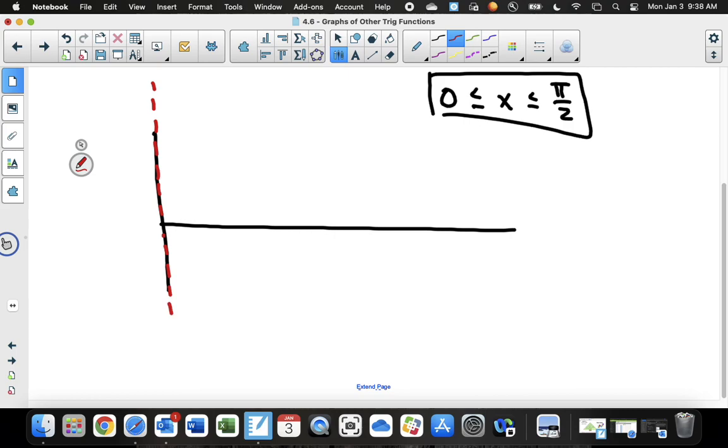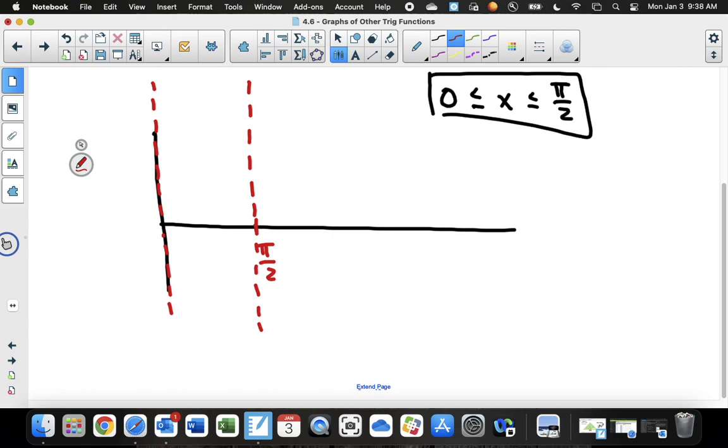We said the next asymptote, according to what we found, is at pi over 2, so let's put one here. If we kept this pattern going, where would the next vertical asymptote be? Yep, we'd go another pi over 2. So here's the period right here for this tangent graph, from 0 to pi over 2.